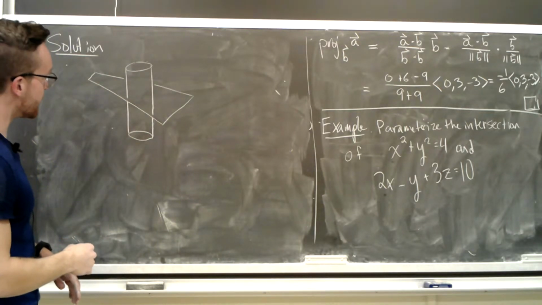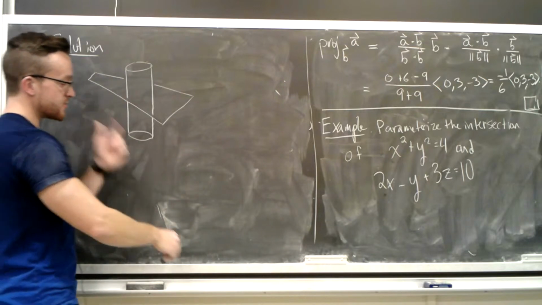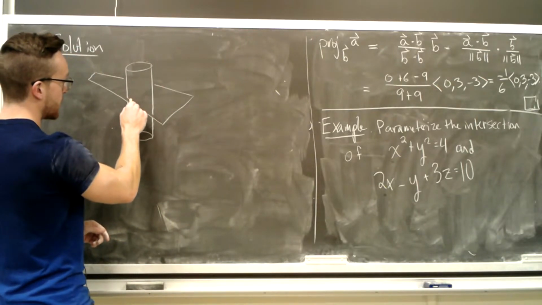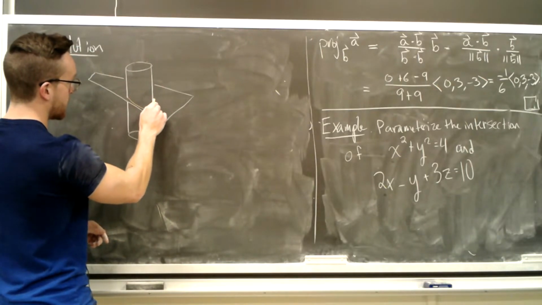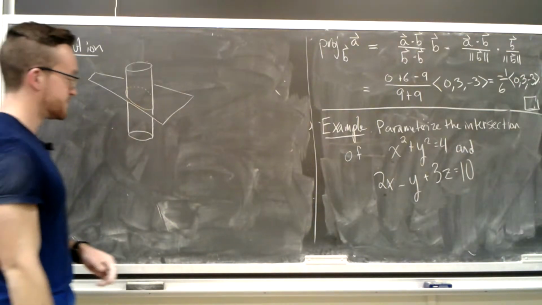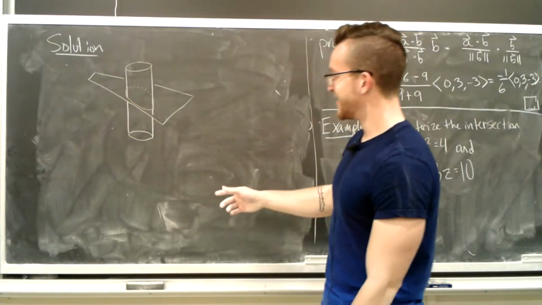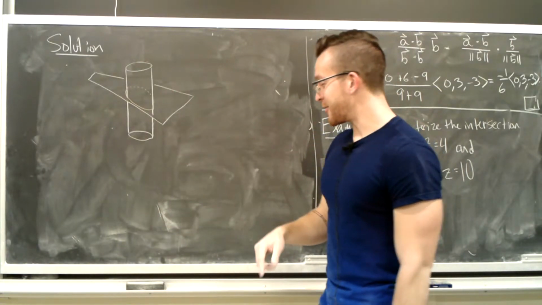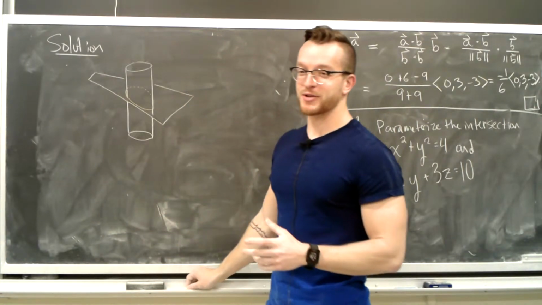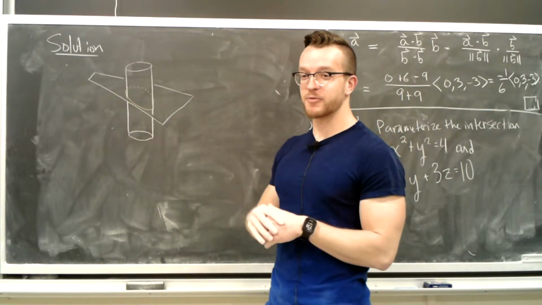That's a plane which is shaped like that for some reason. And when they intersect, I get something like that, if that makes any sense. That's the thing that we need to parameterize. Like I said, we don't actually need to draw a picture to do this. I think it just helps.